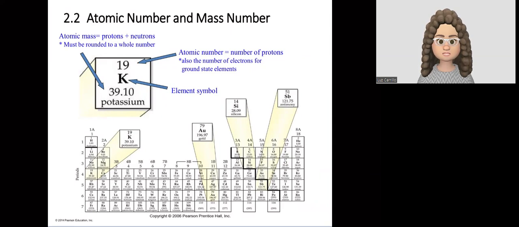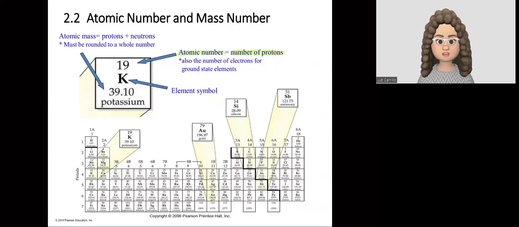Typically, you will see the symbol and the number above the symbol, which is known as the atomic number for an element. Understand that the atomic number for an element equals the number of protons.